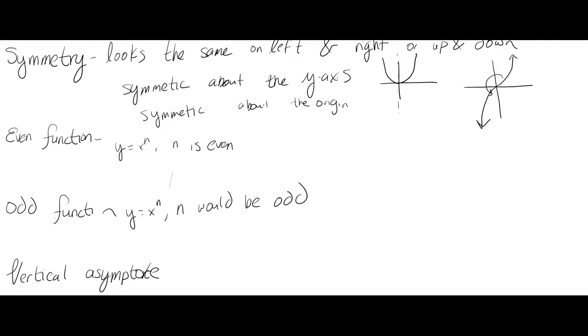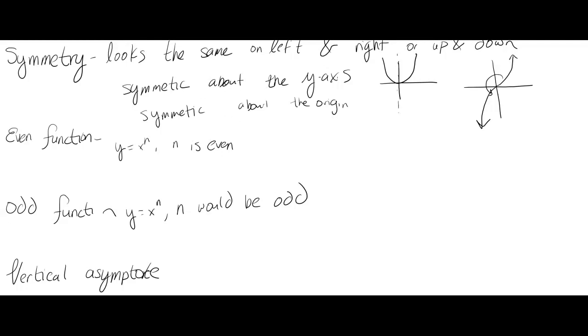Alright, so even functions typically are symmetric about the y-axis, even if it's not exactly on the y-axis. And odd functions are going to be those symmetric about the origin. But again, we'll talk about those later. I'm not too worried about this kind of stuff yet, but we're going to get into it.